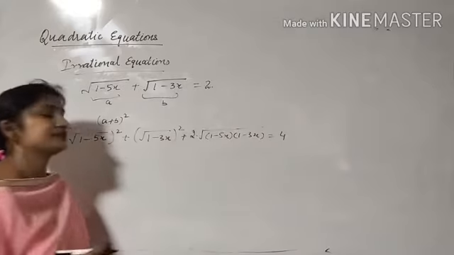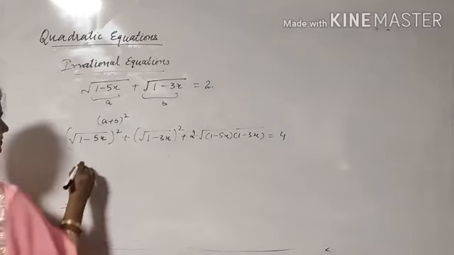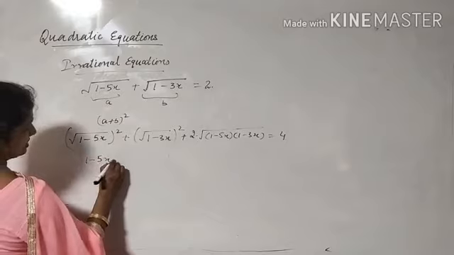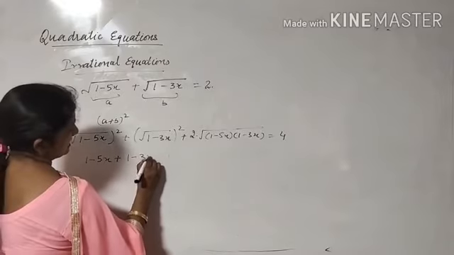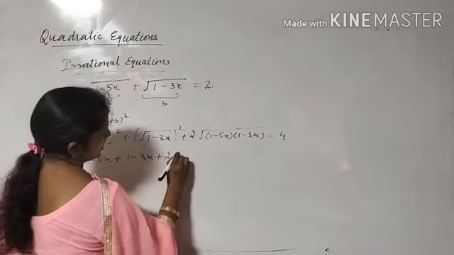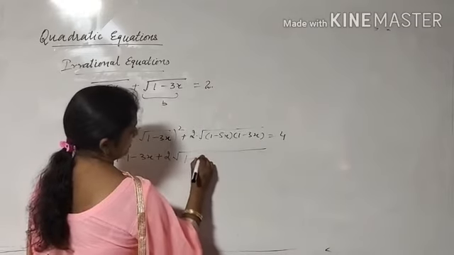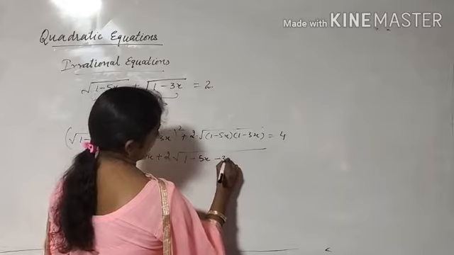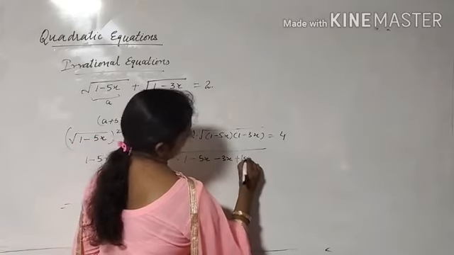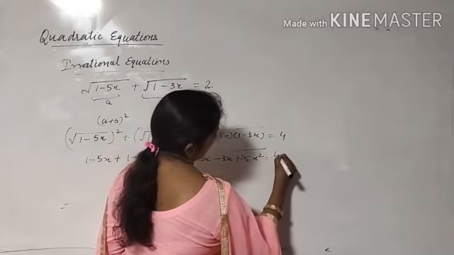Squaring both sides, what do we have? 1 - 5x + 1 - 3x + 2√(1 - 5x - 3x + 15x^2) = 4.